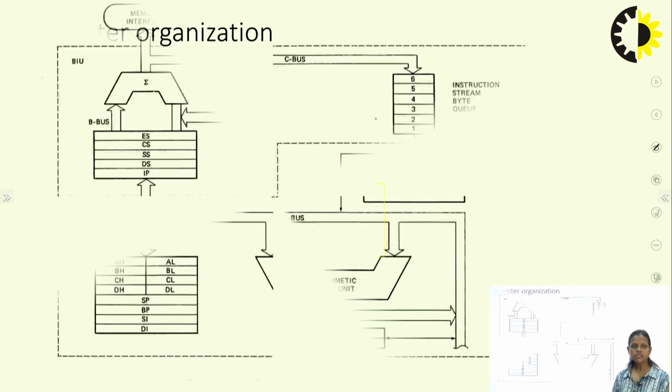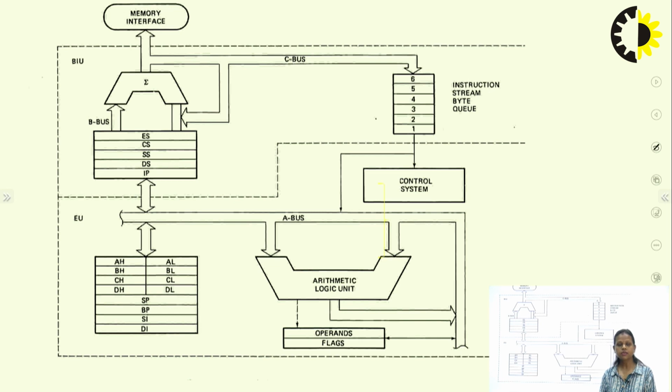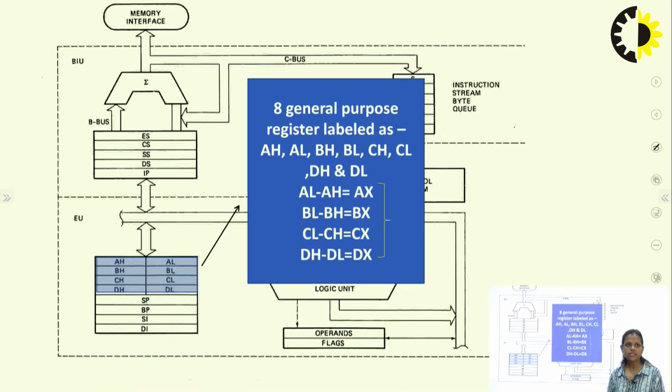Now coming to the register organization. In the architecture, we can see where all these registers are located. These are the 8 general purpose registers, labeled as AH, AL. H stands for the higher byte and L stands for the lower byte.